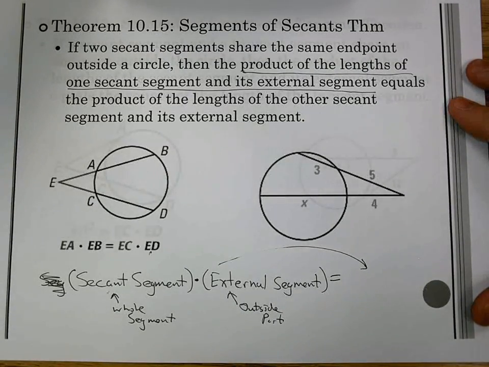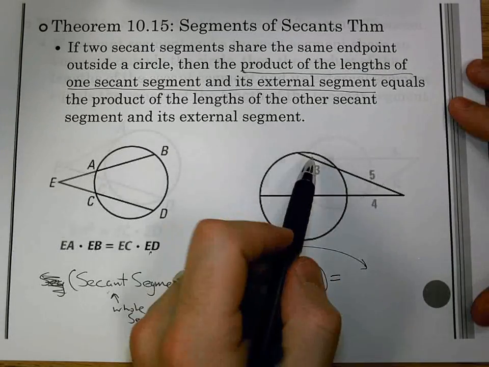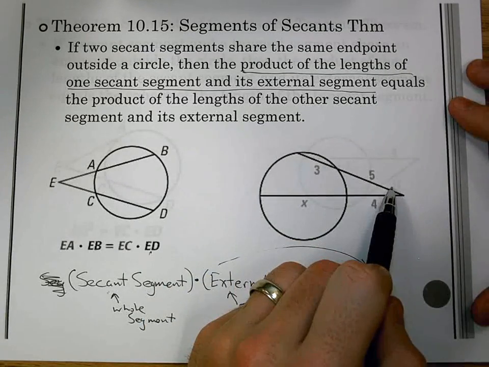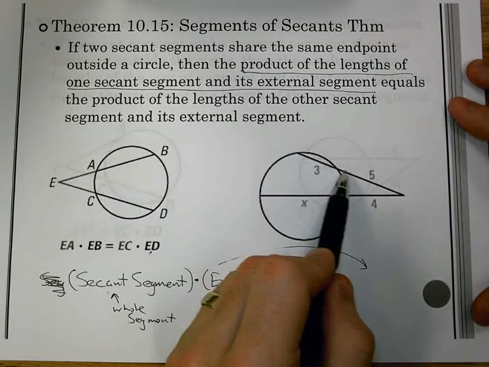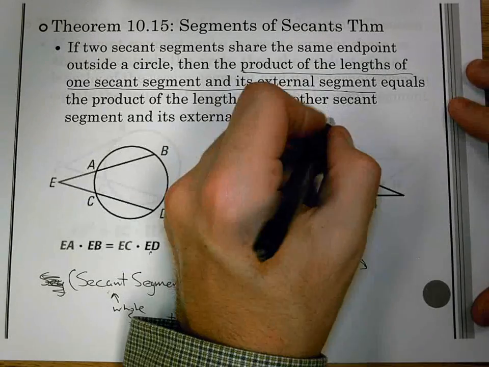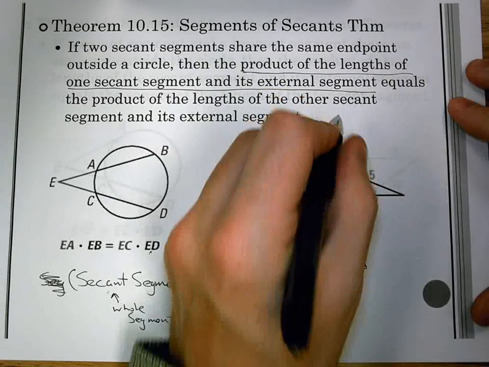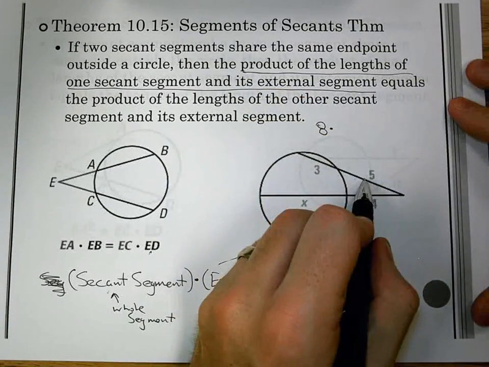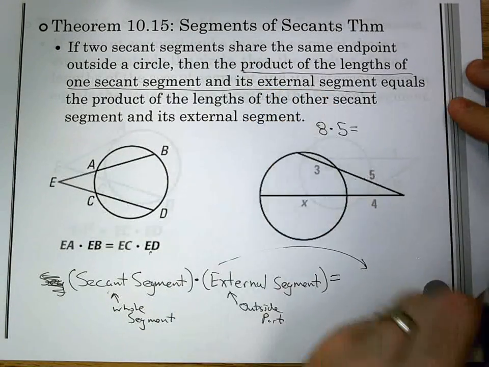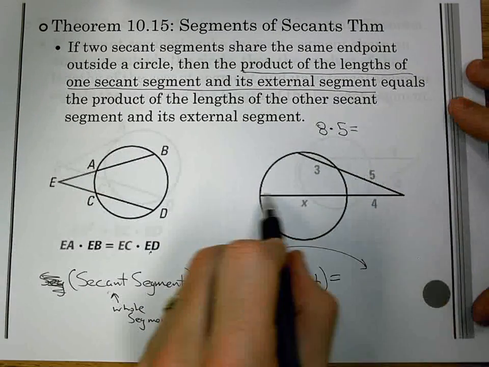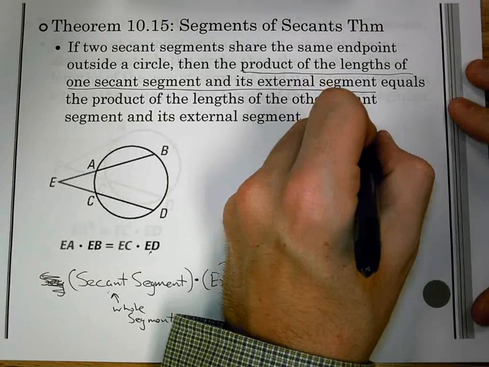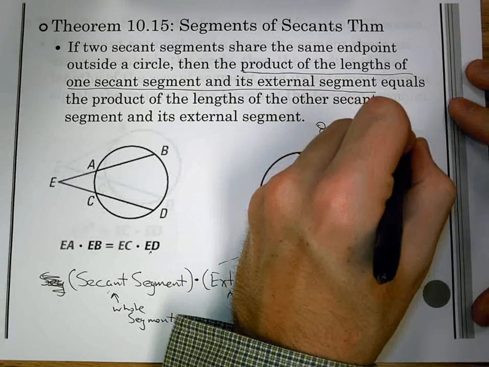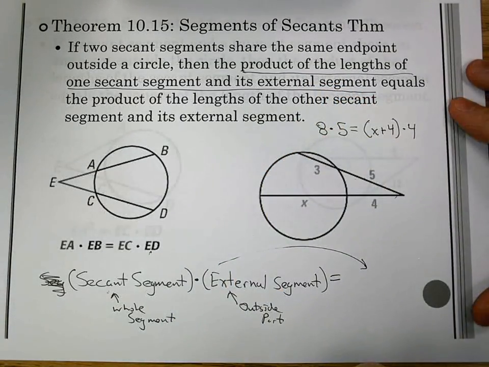So if I look at the top line, the top secant, here I have the entire length, the total secant is 8, because it's 5 plus 3, times the outside, which is 5, is equal to the entire length here, x plus 4, because I add the two together, times the outside, which is 4.